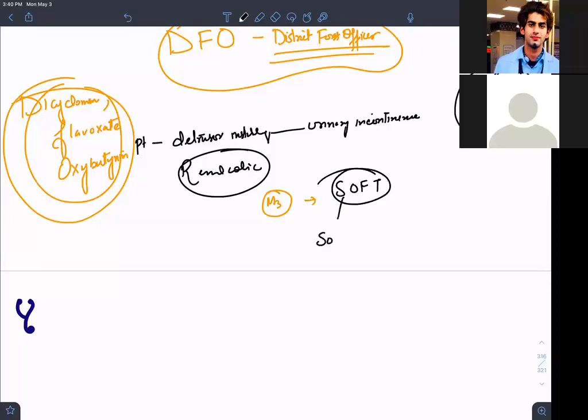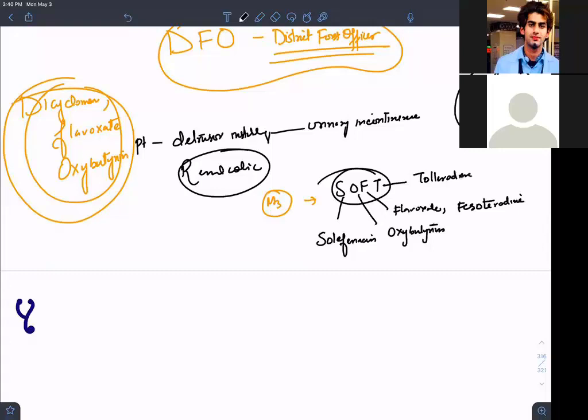Everyone remembers like this: solifenacin, oxybutynin, flavoxate, or you can also remember fesoterodine, and T is for tolterodine.